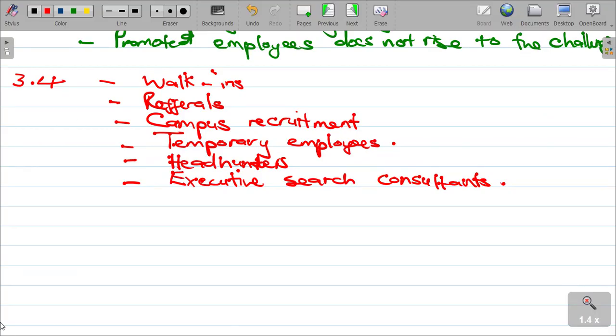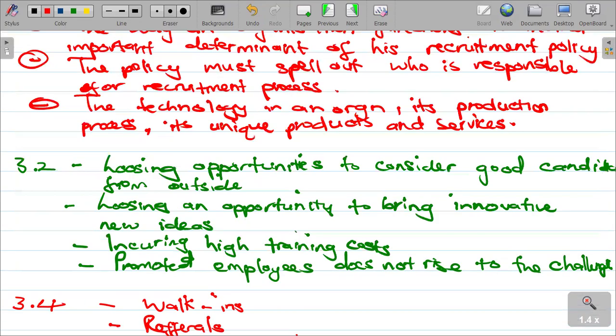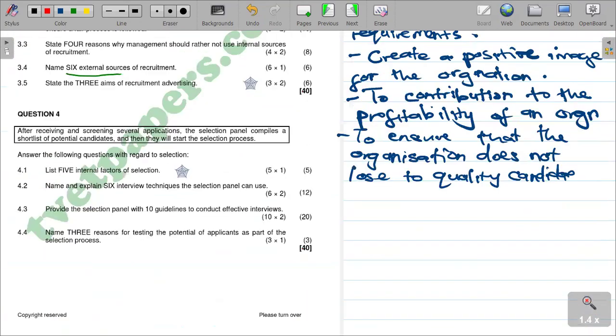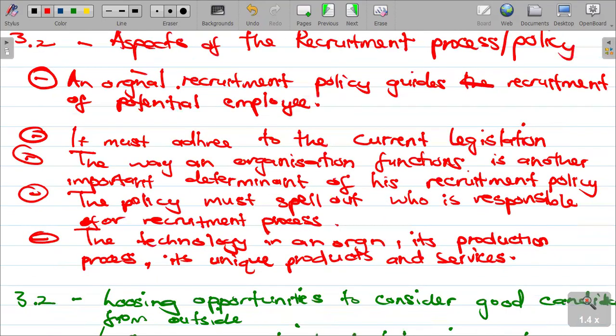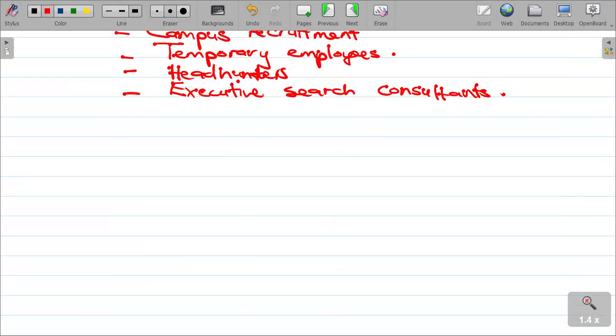Let's move on to question 3.5. Right. So state the 3 aims of recruitment advertising. Aims of recruitment advertising.